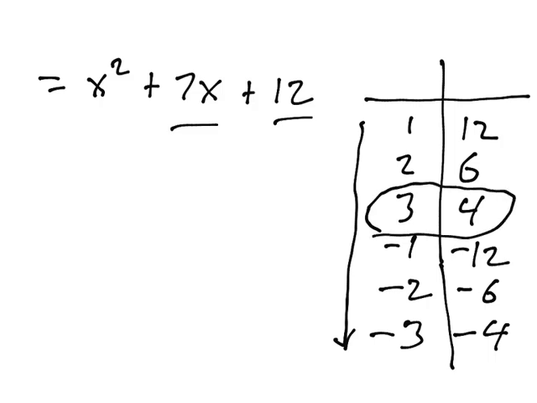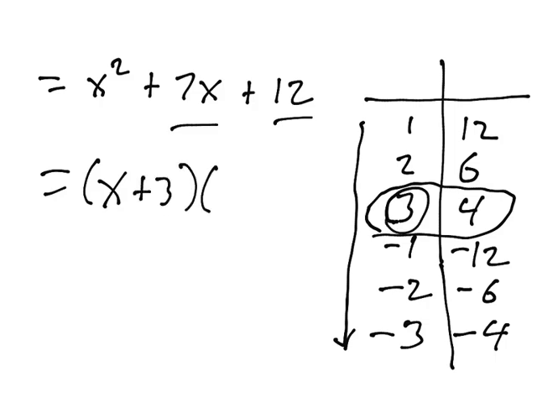Minus 1 plus minus 12 is minus 13, minus 2 minus 6 is minus 8, and minus 3 plus minus 4 is equal to minus 7. Okay, so let's go with the one we've circled. We have the 3 here, so x plus 3, and then we would have x plus 4, and we're done.